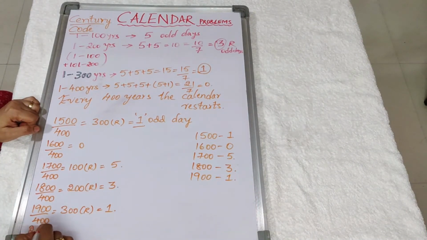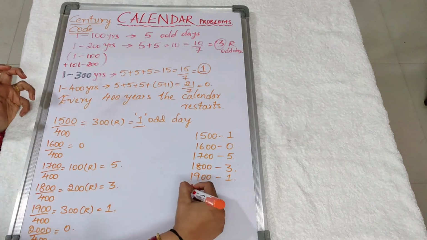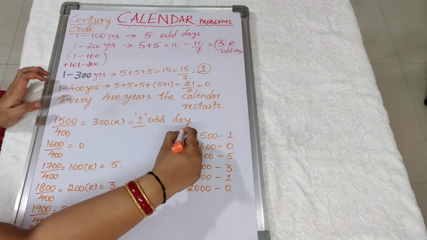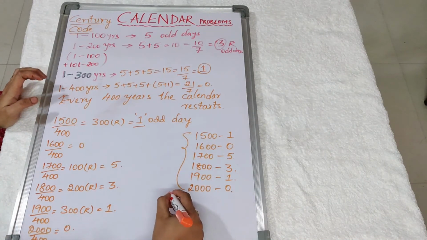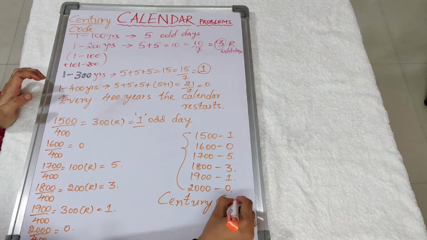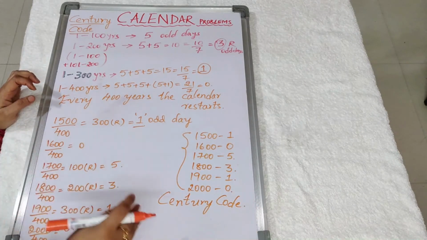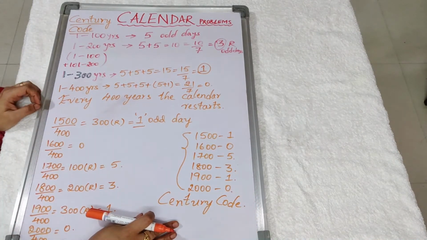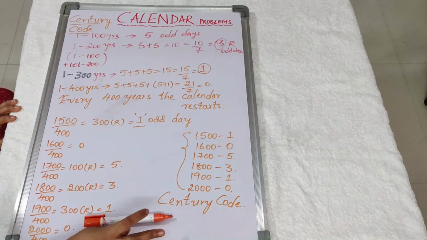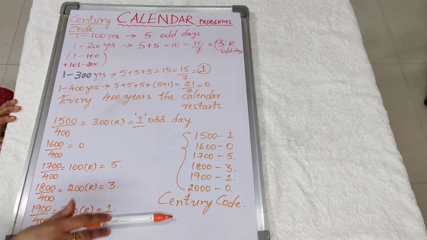Now 2000 by 400, it is completely divisible by 400. So the code is directly 0. Right? So this is how you find out the century code. Okay. Let's move on to the next topic in this concept.